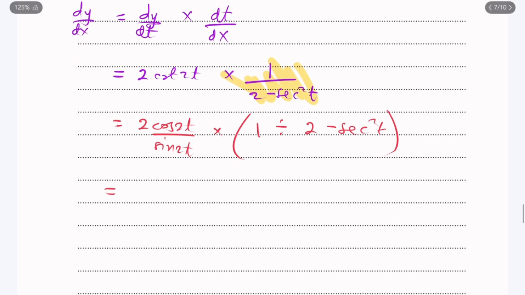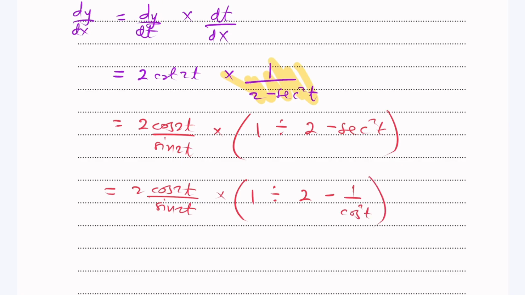And we know that sec square t is going to be 2 minus 1 over cos square t. So let's solve this particular fraction. All right. So, where from the 2? Was it 2 or 1?